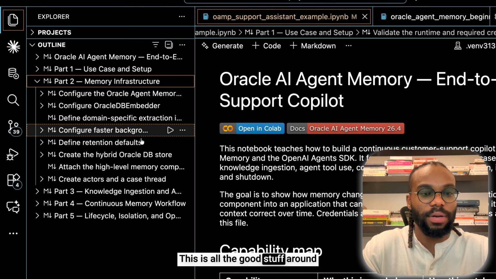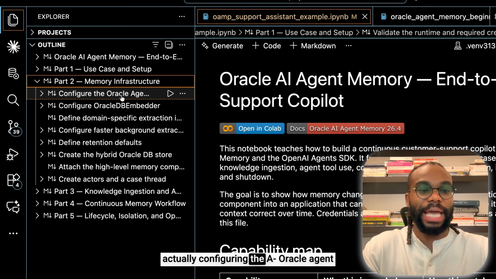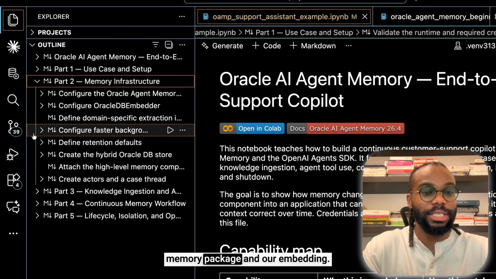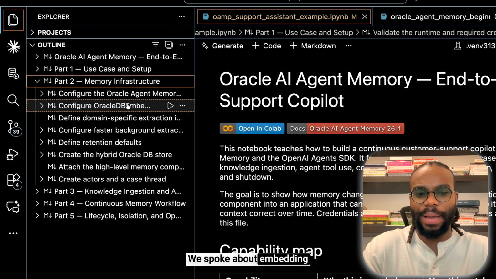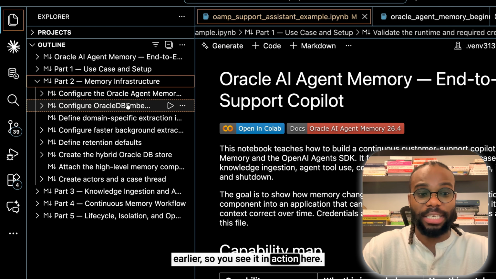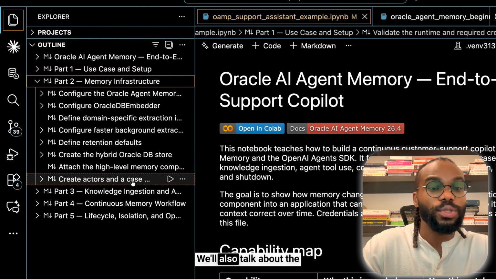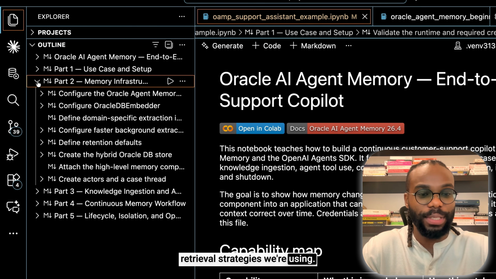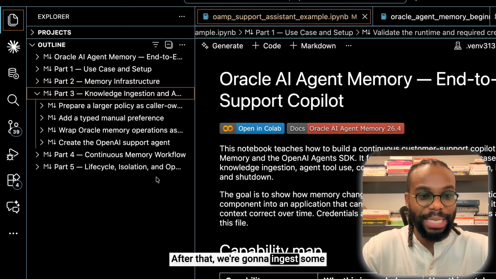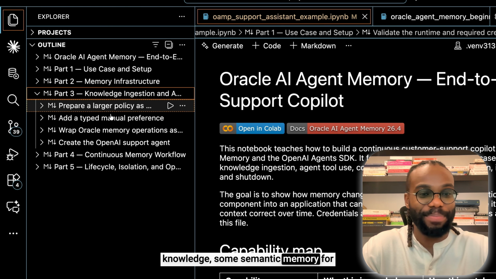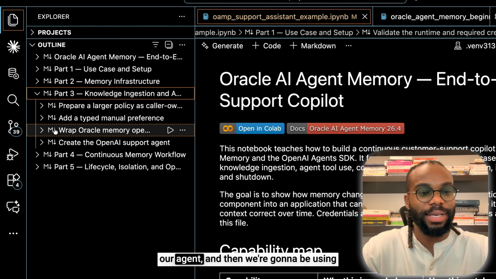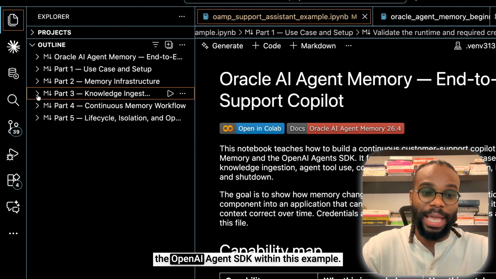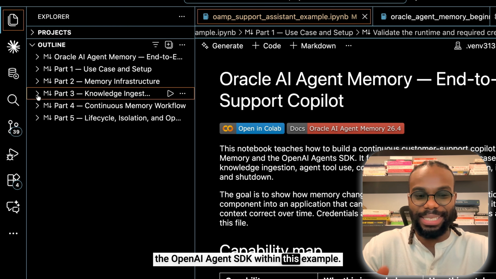This is all the good stuff around actually configuring the Oracle Agent Memory Package and our embedding. We spoke about embedding earlier, so you see it in action here. We'll also talk about the retrieval strategies we're using. After that, we're going to ingest some knowledge, some semantic memory for our agent. And then we're going to be using the OpenAI Agent SDK within this example.